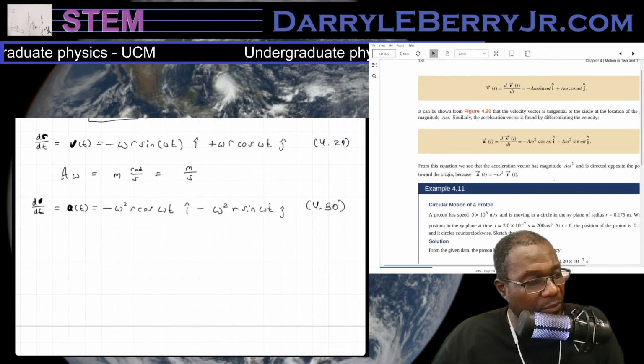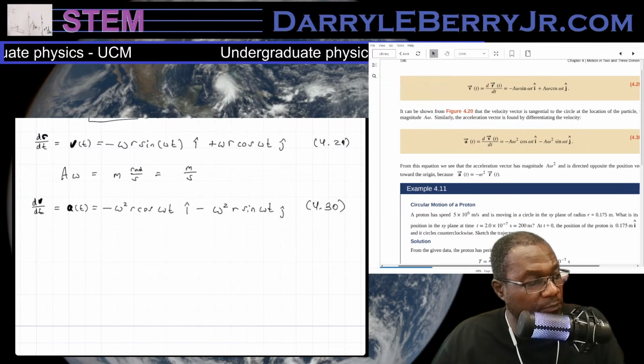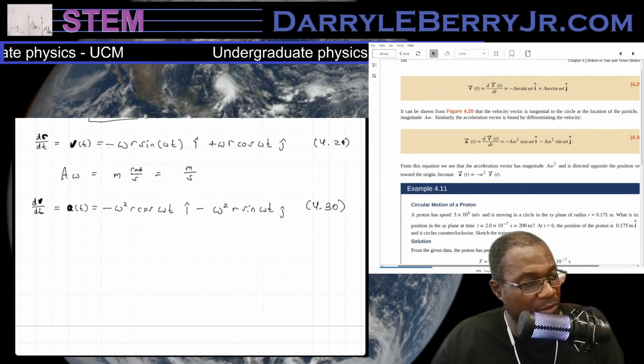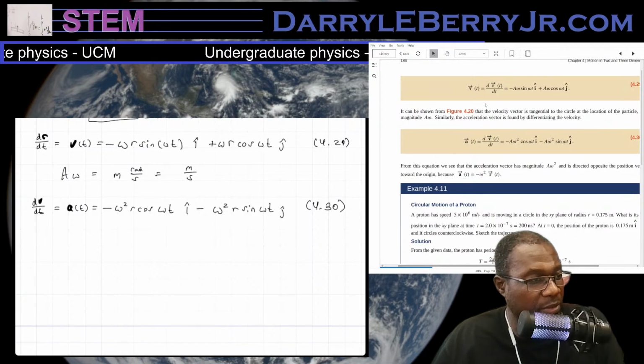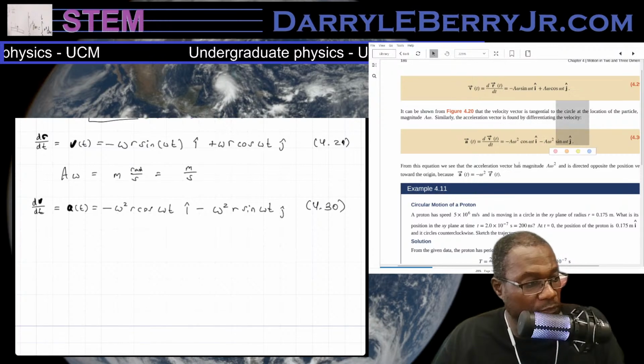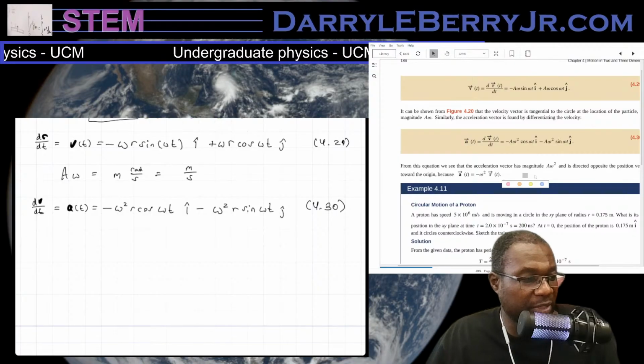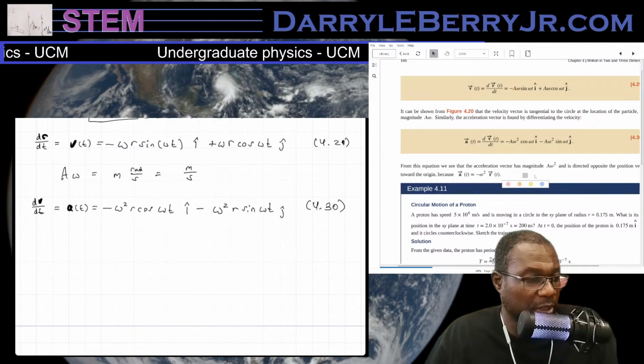But it seems like they're showing that the velocity vector is tangential to the circle. What they say is to show it, and that's not necessarily using this plus minus here. In this equation, we see that the acceleration vector has a magnitude of omega squared r. Right?